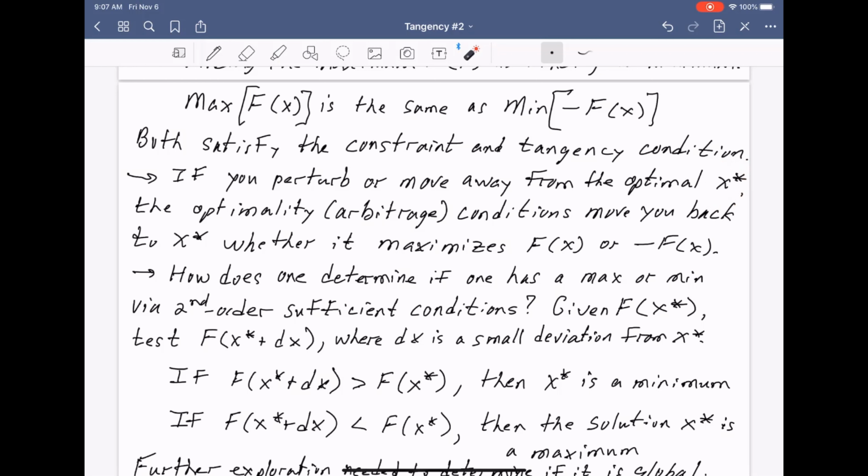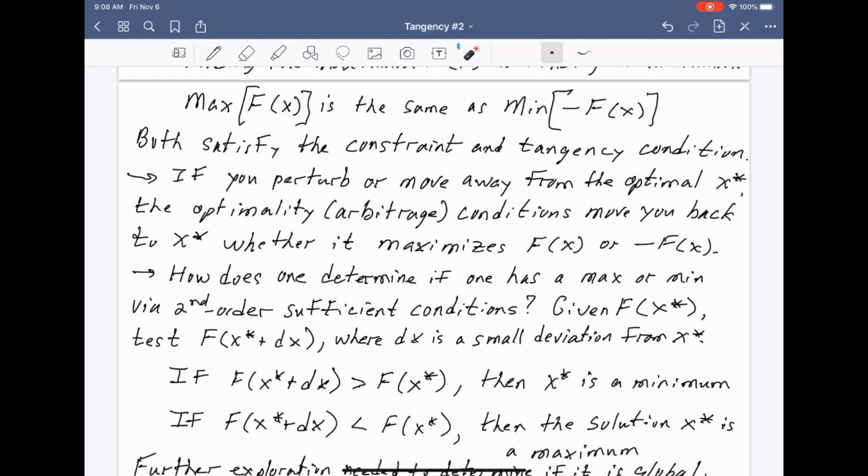Suppose you've maximized, and you found the value of the objective function f of x star. Then you choose some value of x that's slightly different from x star, and I'm talking about both x1 star and x2 star, and you calculate the value of the objective function for a point just a little ways away.